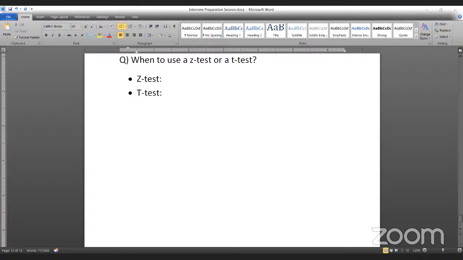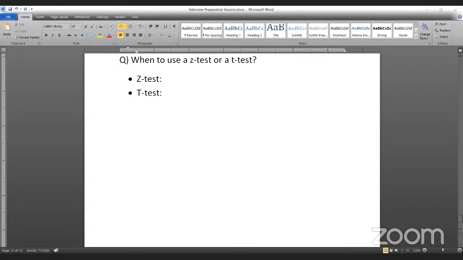Now the t-test, which we can also call the t-distribution test, is also used to determine the population variance, but this is done when we have a small sample size, where we can consider a sample lower than 30.